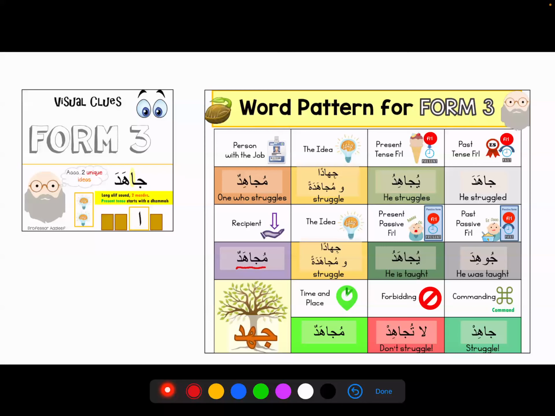And the fa'il is always only rafa, while the ism fa'il can be rafa, nasab, or jar. So fa'il in a sentence will always be rafa, but we know that ism fa'il can play any role in a sentence, right? So we need to remember all that stuff.